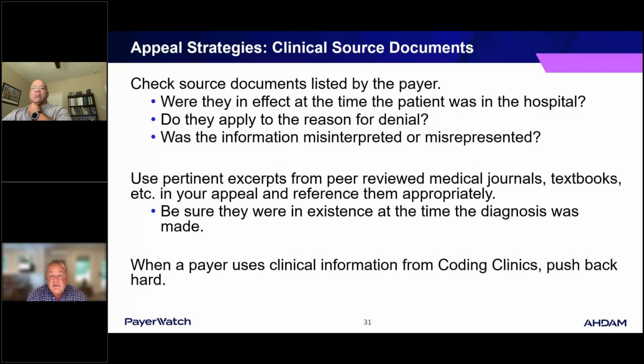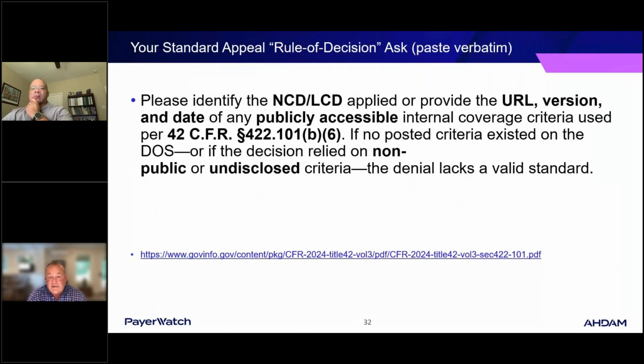These are some takeaways that you can put into your appeals verbatim as you're dealing with these. So first one is an ask. Show me what you relied on in doing this and how this is publicly accessible per Title 42.